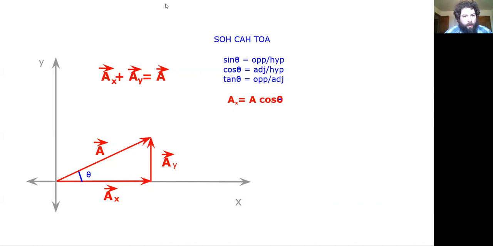And then AY is opposite of the angle, and we know A is the hypotenuse.